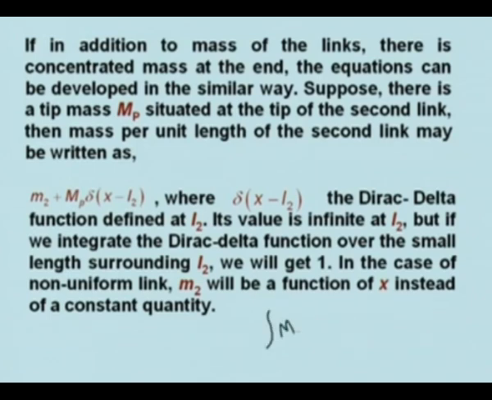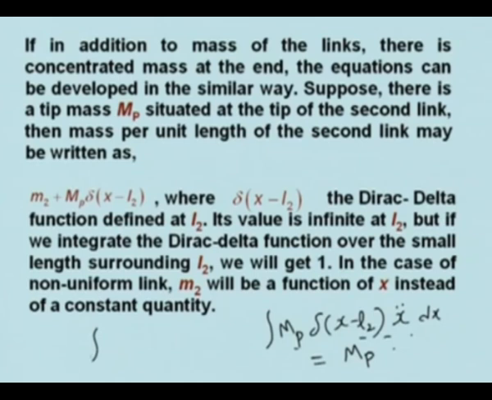Suppose you get some term like mp, then delta x minus L2, multiplied by, let us say, something like x dot dx. So it will simply become mp times the value of that function at L2.